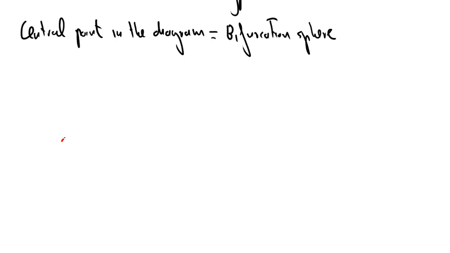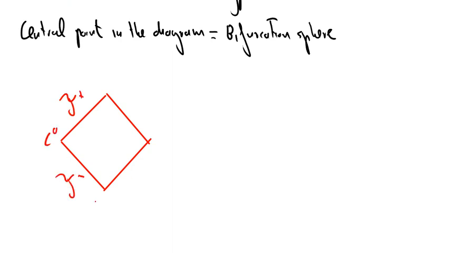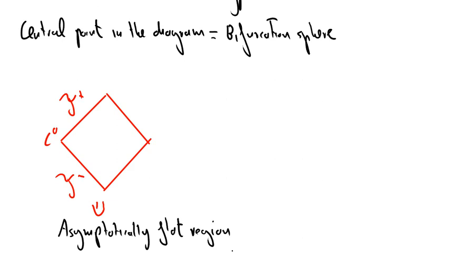We will have an asymptotically flat region, and then we will have a future event horizon and a past event horizon.